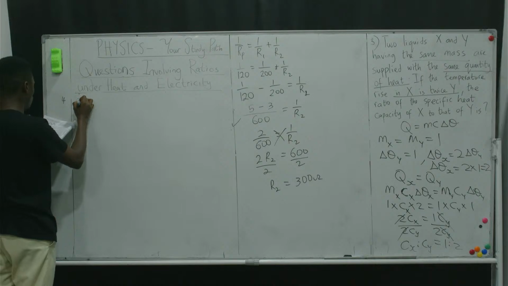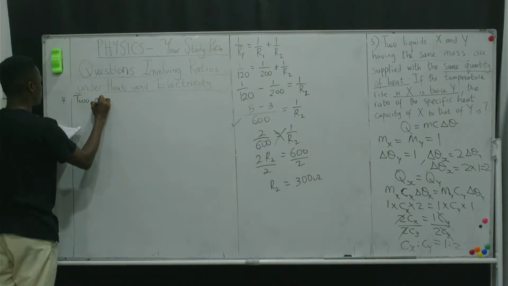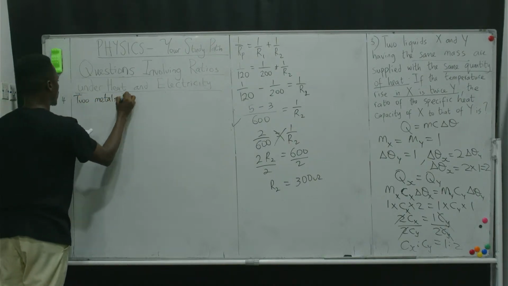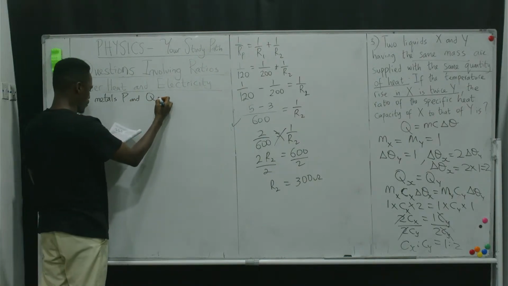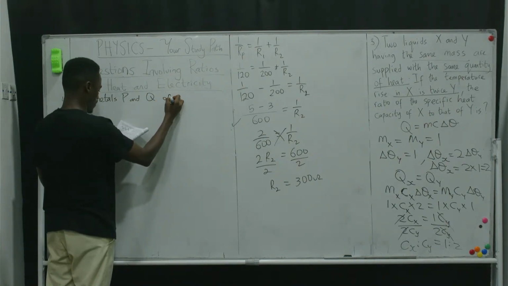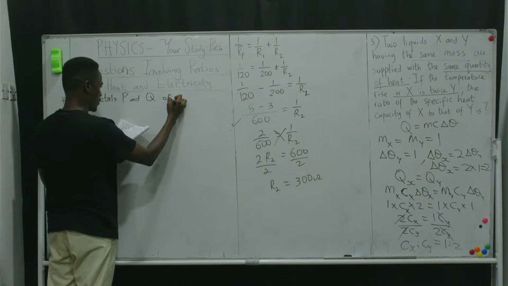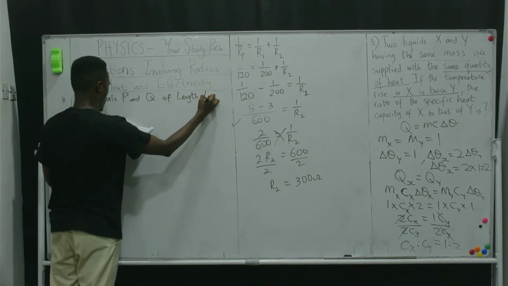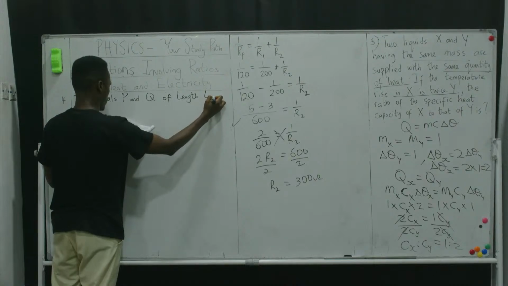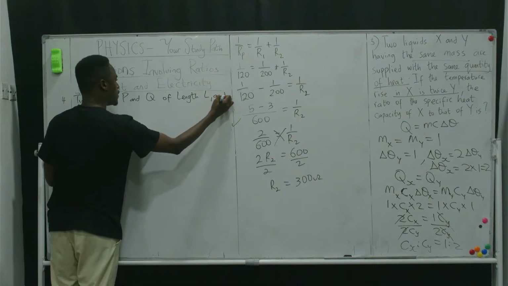we're told that two metals, P and Q, of length L1 and L2.